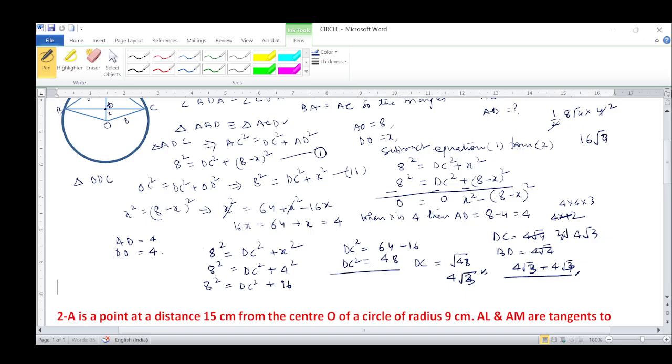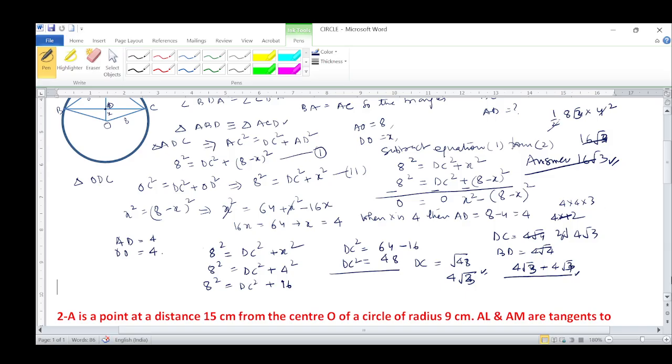So it is 16 under root 3. So this is 2. The area of this triangle would be 16 under root 3. So area of the triangle is, this is the answer. Okay, so you understand the point.